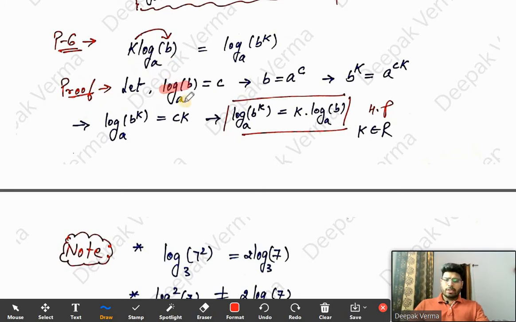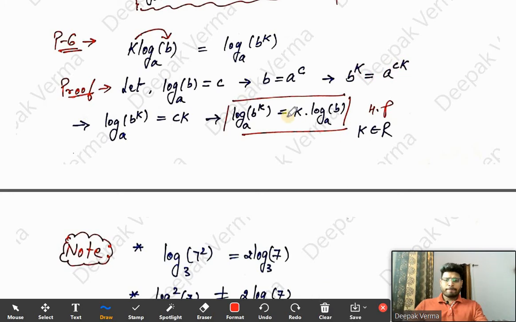So log b to the base a, let's suppose this is equal to c for the time being. Now convert it to exponential form. Then b is equal to a to the power c. Got it? Now take power k on both sides. So we will get b to the power k equals a to the power ck.